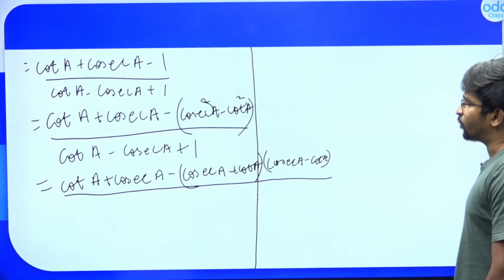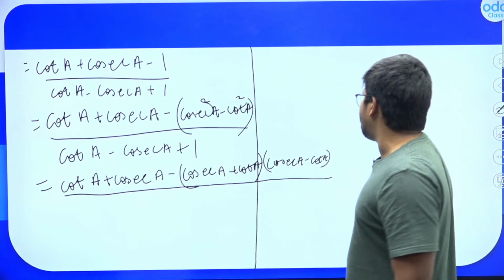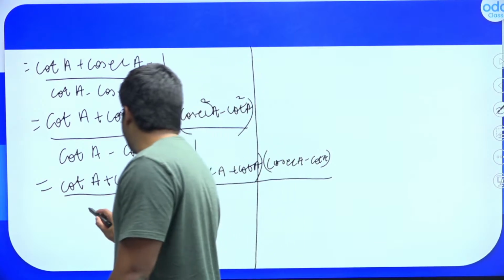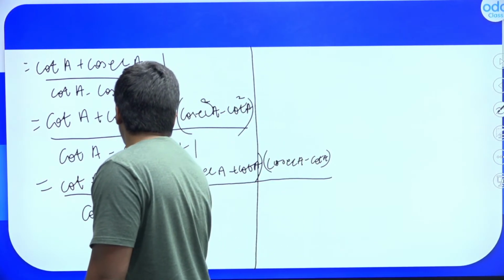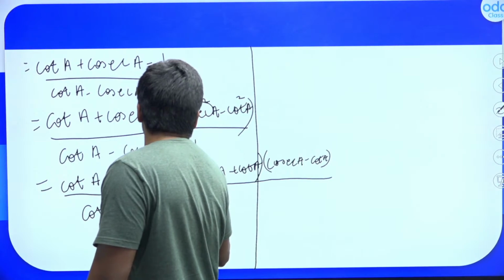Whole divided by cot A minus cosec A plus 1.